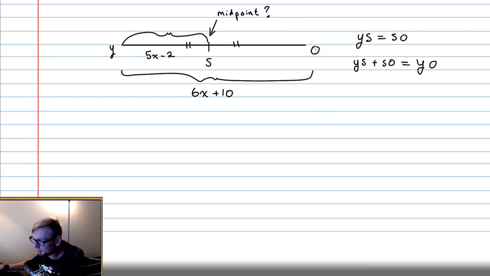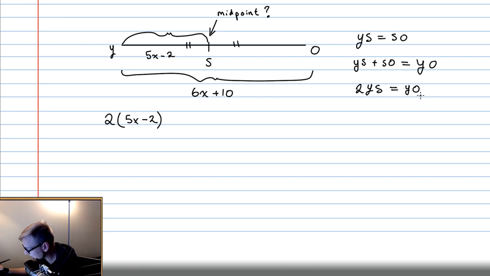Now we should be able to finally solve the equation. These two are the same, which means we could say 2 times YS is equal to YO, which then, we've got some formulas here. 2 times YS is 2 times 5x minus 2, and this is equal to the whole segment YO, which is what? 6x plus 10.